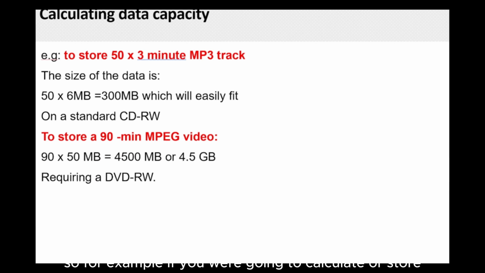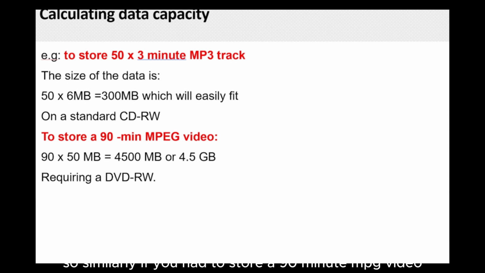So for example, if you were going to calculate or store a 50 by 3 minute MP3 track, how would you do that? You would do this by, first of all, multiplying 50 by 6 megabyte, which will give you 300 megabyte, which will easily fit on a CD-RW.